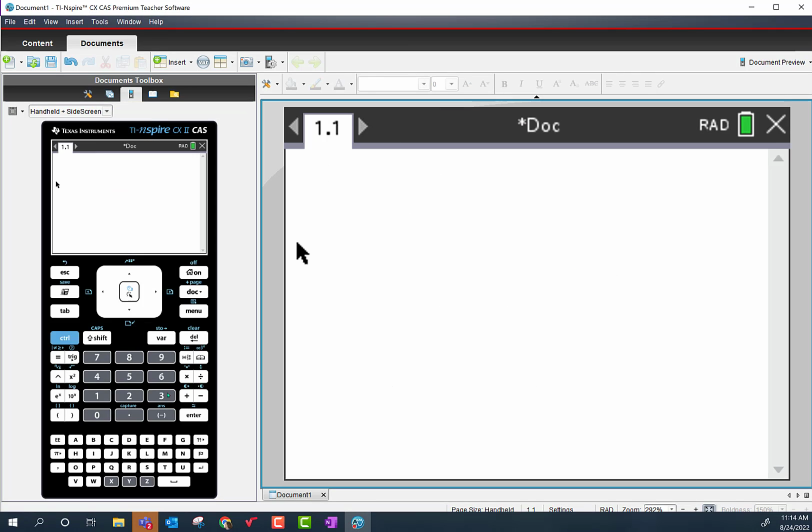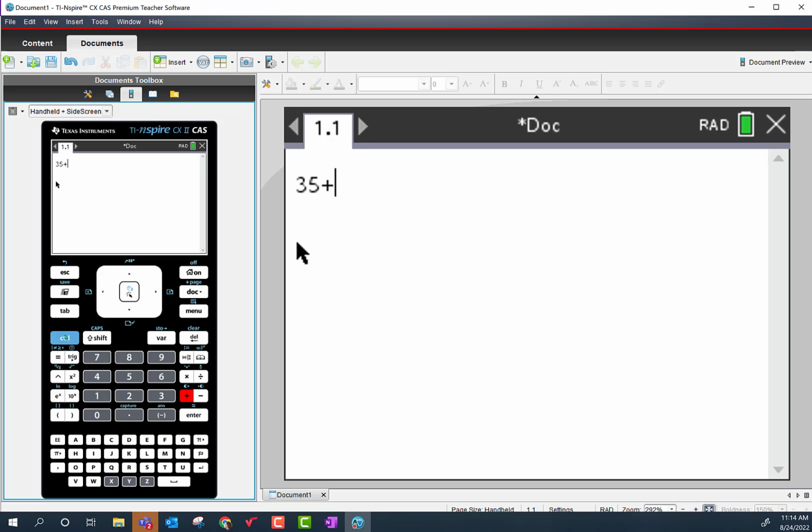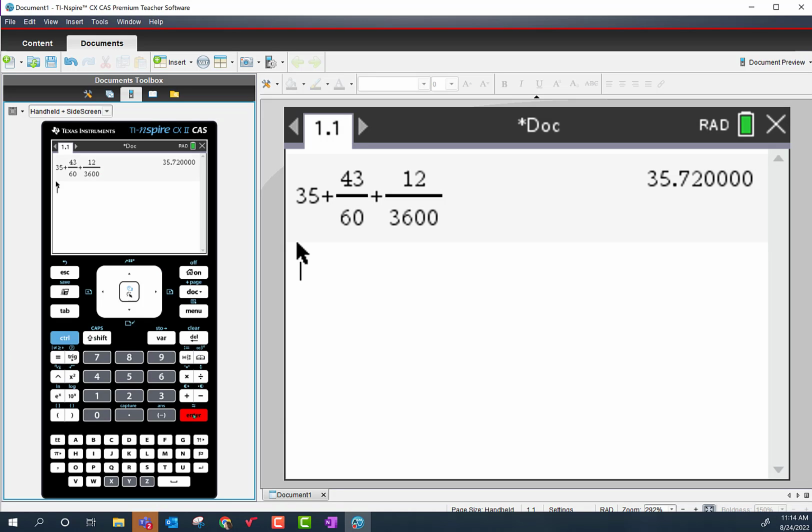So let's do 35 plus 43 over 60, and then plus 12 over 3,600, and then control enter, and that gives me back 35.72. Okay, so you can go back and forth between degrees, minutes, seconds, and decimal degrees. Is everybody okay? Okay.